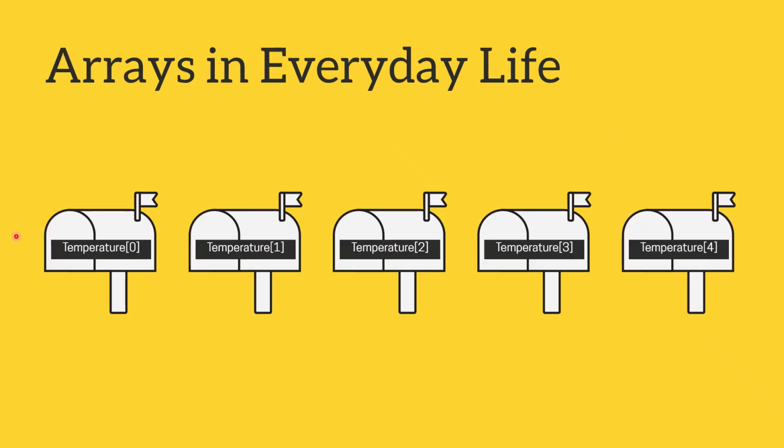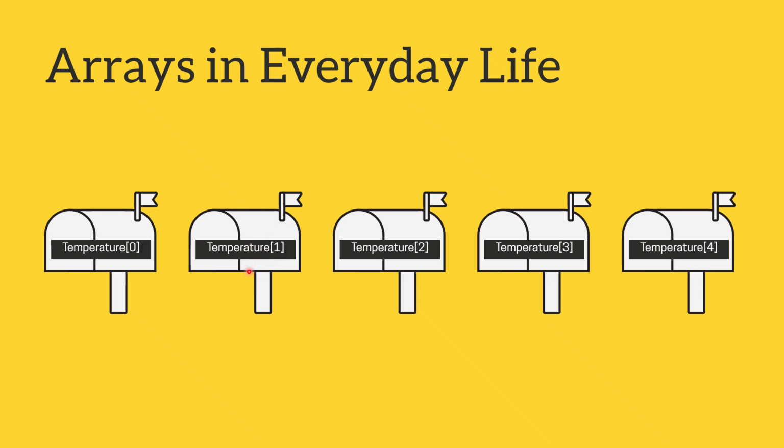Okay, so let me make this a little more relatable. Imagine a row of mailboxes, and each mailbox has the same label, temperature, but each one has a number: box 0, box 1, box 2, and so on. Now, when you want to store Tuesday's temperature, you might put it in mailbox 1.